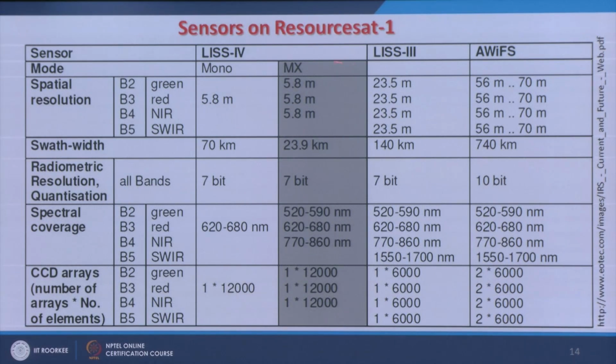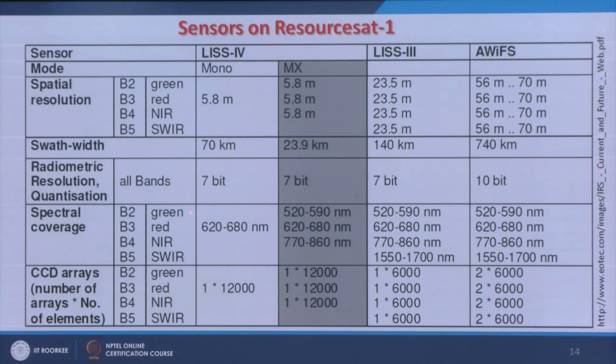At the same time, satellites like IRS 1C, 1D had LISS 3 sensors, and they had a higher spatial resolution compared to LISS 2, that was 23.5 meter, and also it has 4 bands, band 2, 3, 4, 5. And then AVHRR has a resolution relatively poor as compared to LISS 3, but the purpose here was to cover a large area, more swath.